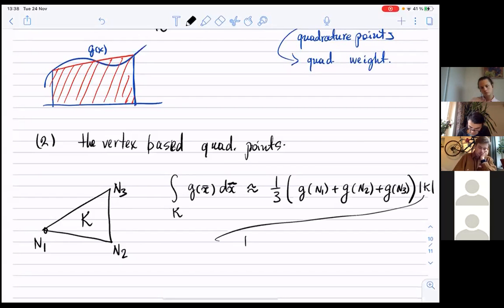So here, this notation is volume, or in this case, area, so area of K. So yes, this is one way of calculating the integral numerically. And of course, you see that this function g could be any function. You don't need to calculate the integral by hand. In 1D, you could calculate a definite integral by hand.